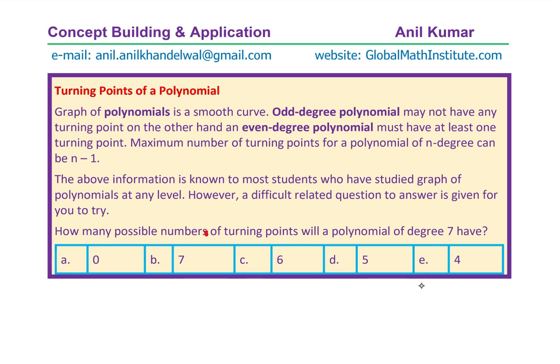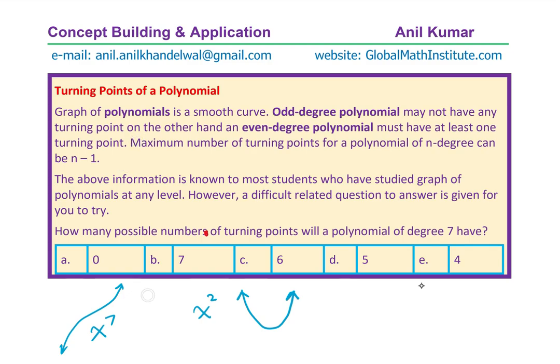For example, x to the power of 7 could have this kind of a graph also. On the other hand, even degree polynomials must have at least one turning point. For example, x squared, it must turn at least once.